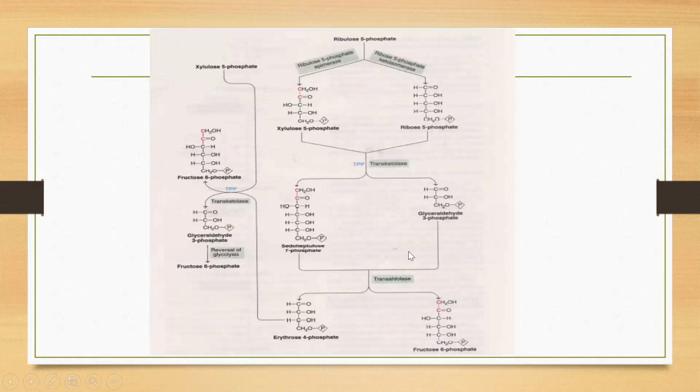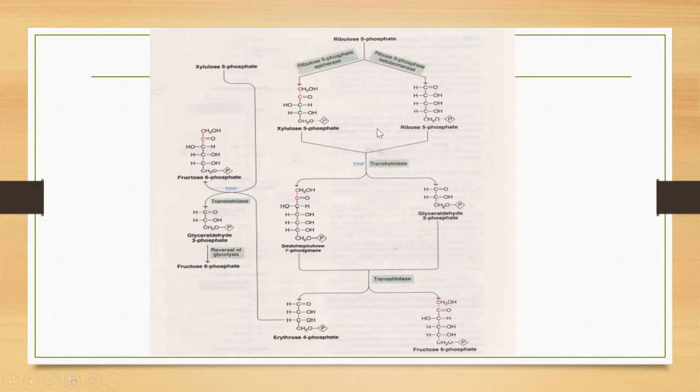So if you can see here, from this 7 carbon pseudoheptulose and 3 carbon glyceraldehyde 3-phosphate, the transfer of 3 carbon will take place from the pseudoheptulose 7-phosphate to the glyceraldehyde 3-phosphate. So it will become 6. Okay, so from this 6 carbon compound, we will get the formation of fructose 6-phosphate, and then only 4 carbon atoms will remain from 7. If 3 are removed, then we will get the 4 carbon atom erythrose 4-phosphate.